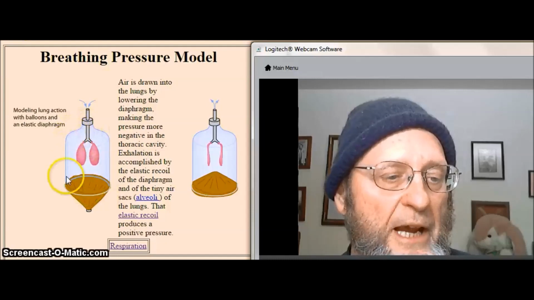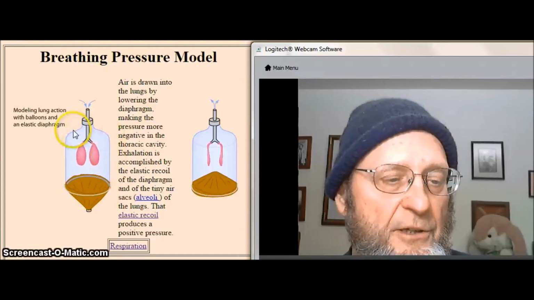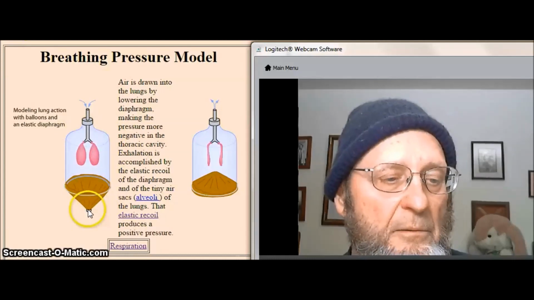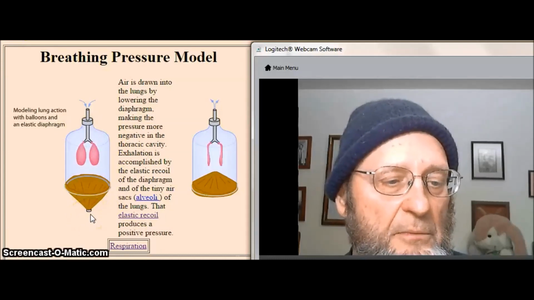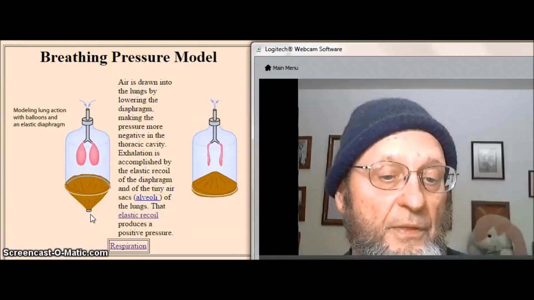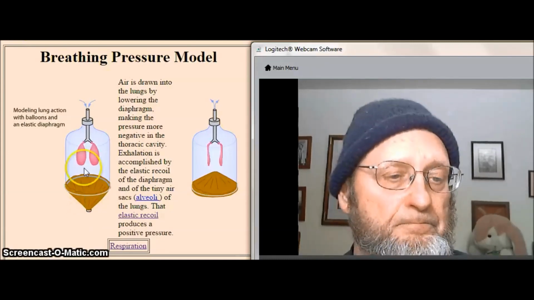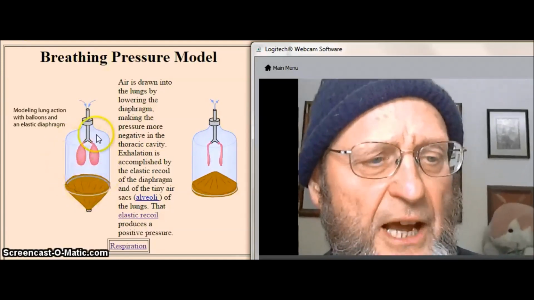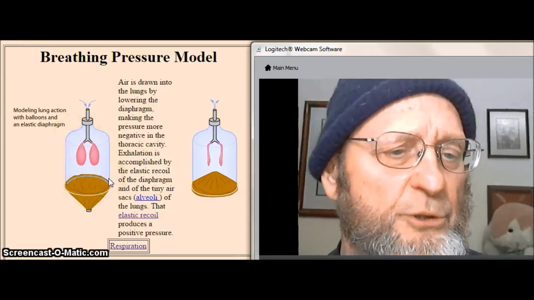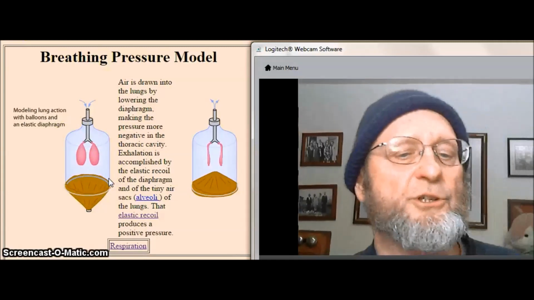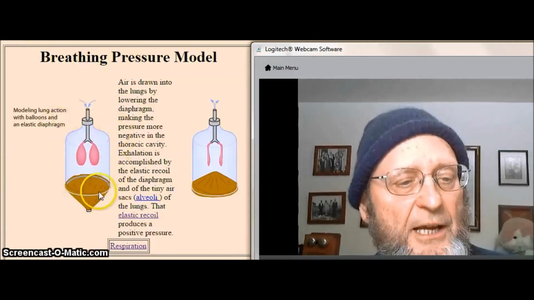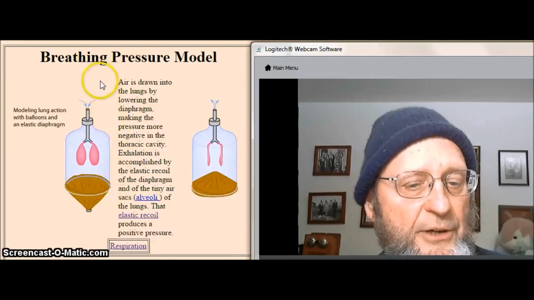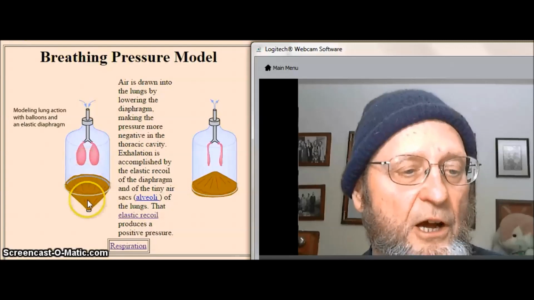This is a model chest cavity, and when you make it larger by pulling down on the diaphragm, or when that muscle contracts, air rushes in because the pressure inside, you'll notice this is a closed chamber, just like your chest is a closed chamber, is lowered, and the pressure outside is higher than what's inside, and down it comes.